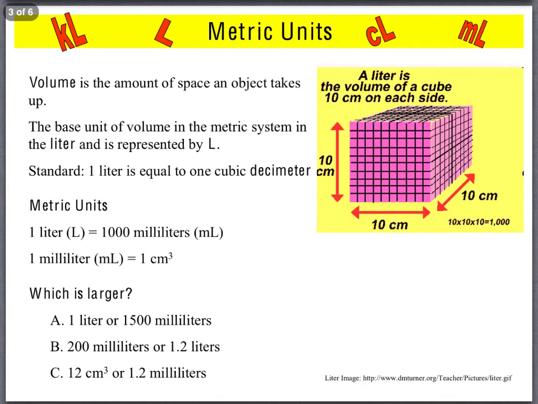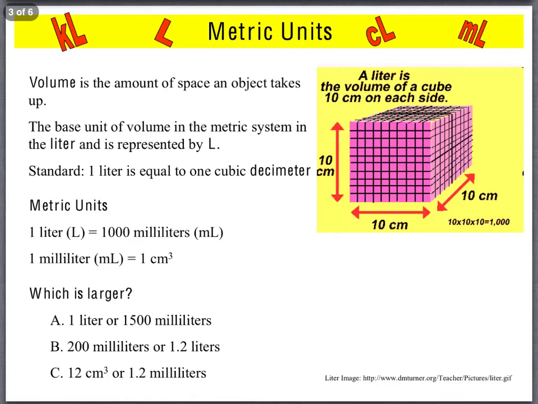Now let's look more closely at the metric system and volume. Remember, volume is the amount of space an object takes up. The base unit of volume in the metric system is the liter, which is represented by a capital L. More specifically, 1 liter is equal to 1 cubic decimeter. And you remember that a decimeter is 10 centimeters.